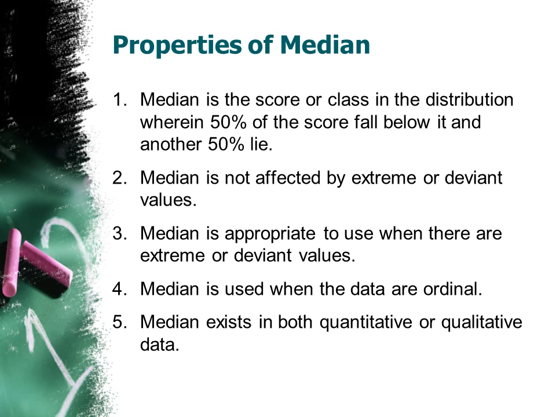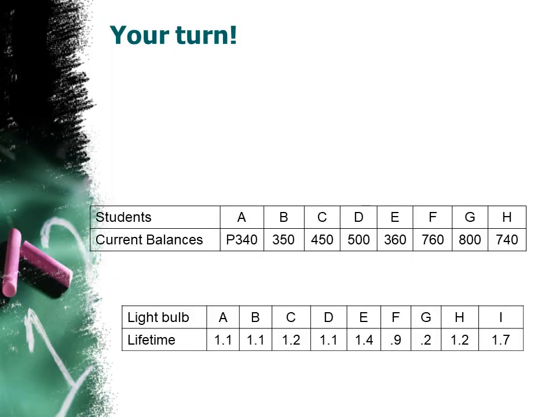Rarely, pwede ring sometimes, pwede ring frequently, or second to always. So, kung meron kang ganoon, as long as it is ordered, kahit hindi siya number, kahit qualitative siya, then the middlemost part will be the median. So, it can also be identified kahit quali siya. So, quali, quanti can be used in median.